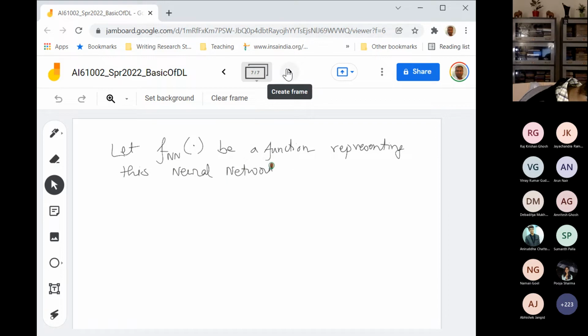So what I can write down is y is equal to Fnn of x. And this is equal to essentially wx plus b. Now, what do I want to achieve?